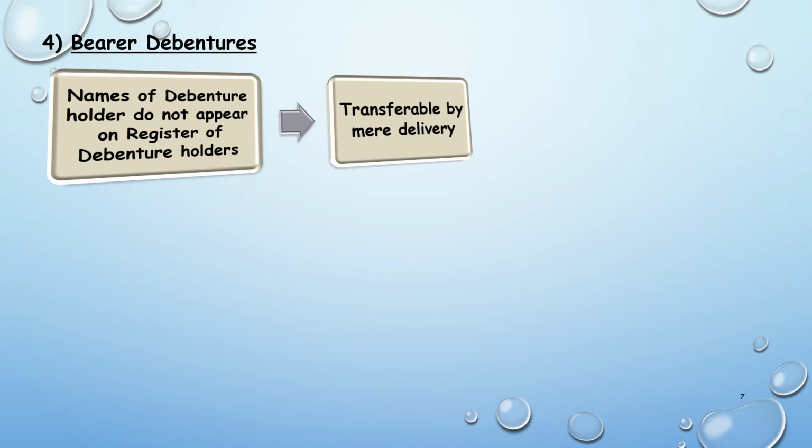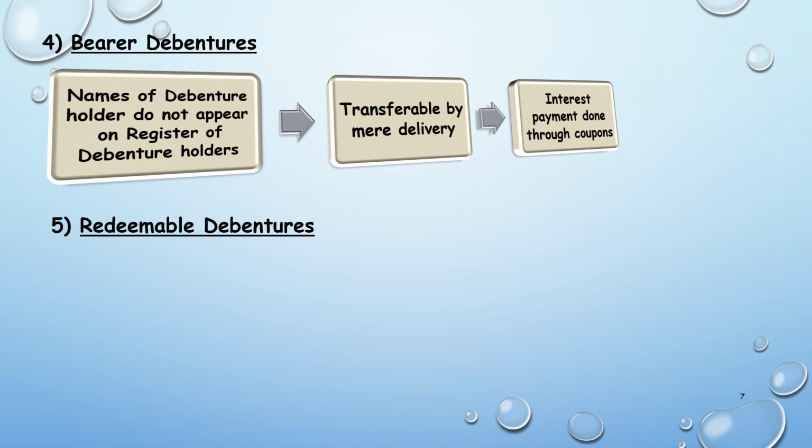They can be simply transferred by mere delivery. Further, these debenture holders are paid interest through interest coupons which are attached to the debenture certificate when the company issues it.